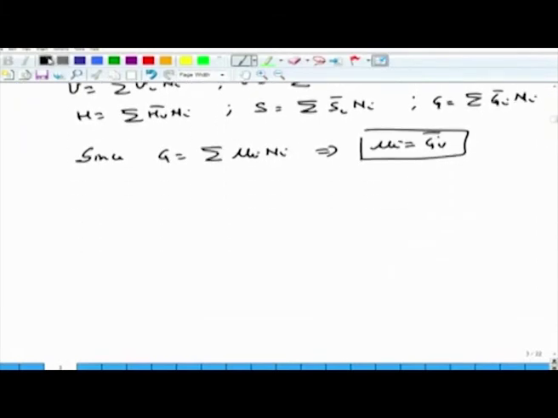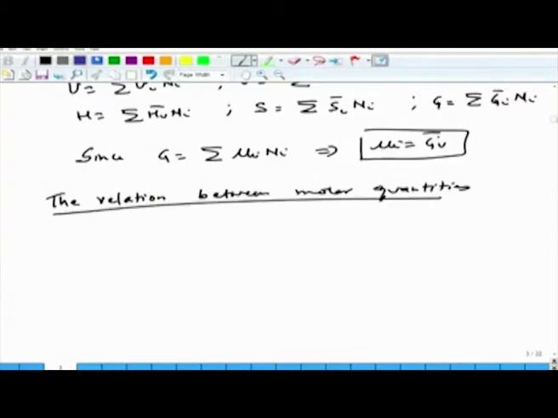Let me describe one more thing. There is a relation between these molar quantities. You know H is equal to U plus PV.